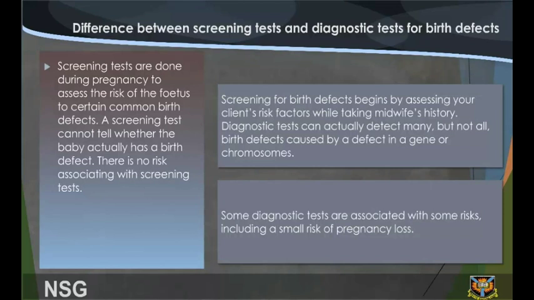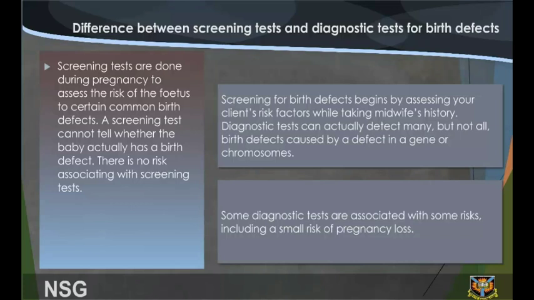Difference between screening tests and diagnostic tests for birth defects. Screening tests are done during pregnancy to assess the risk of the fetus to certain common birth defects. A screening test cannot tell whether the baby actually has a birth defect. There is no risk associated with screening tests.